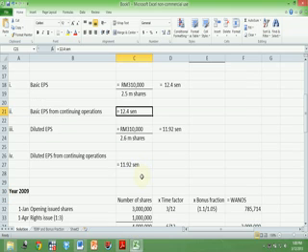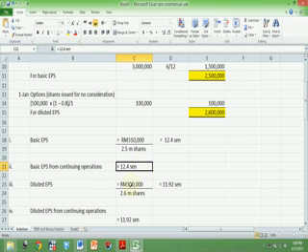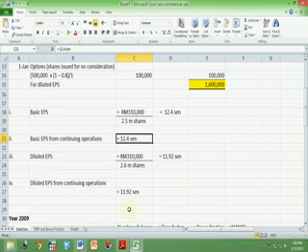Okay, for diluted EPS, 310,000 will be divided by the new number of shares, that is 2.6 million. So the answer is 11.92 cents. For diluted EPS from continuing operation, it's the same, 310,000 divided by 2.6 million shares.